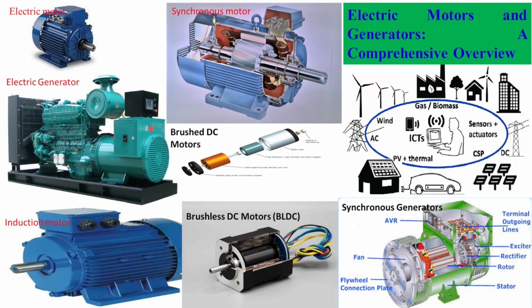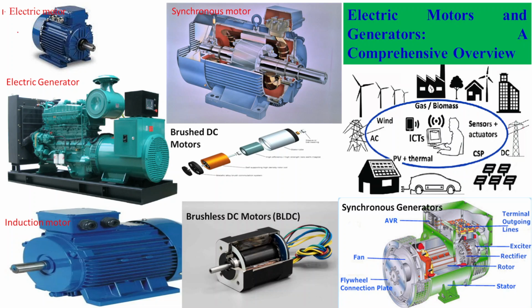So, principle and operation of the electric motor. Electric motors operate on the principle of electromagnetism, where the interaction between the magnetic field generates a force that produces the mechanical motion.